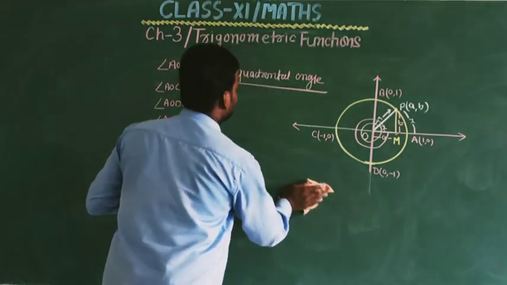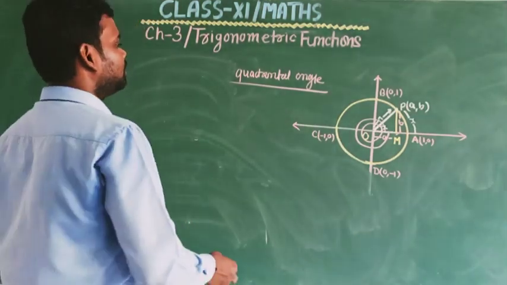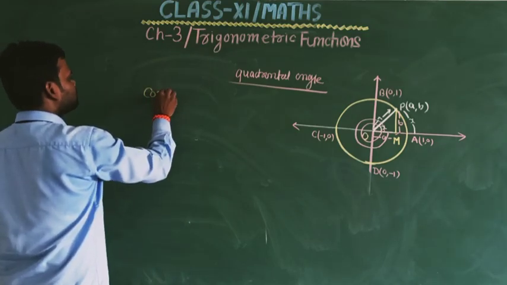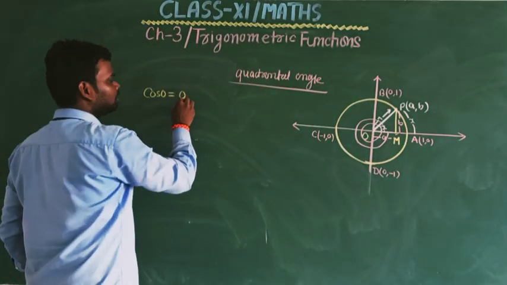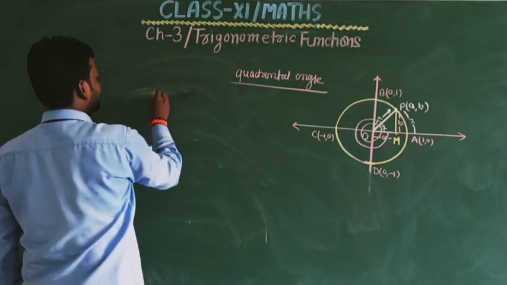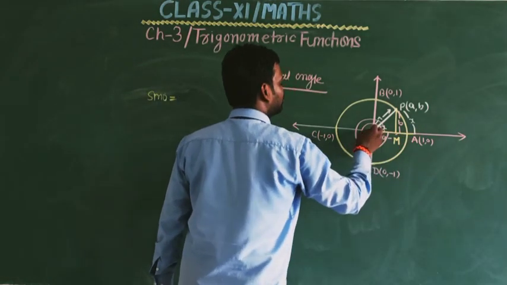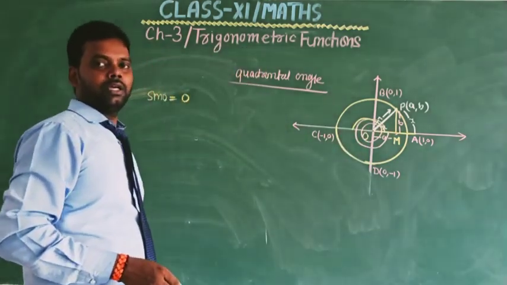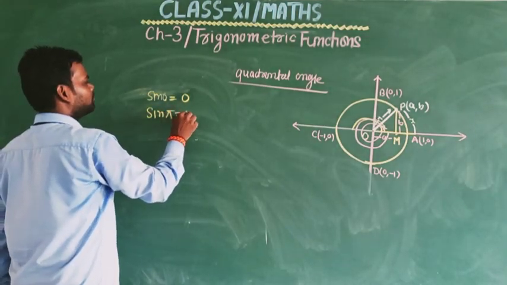And next, here we see that the value of cos 0 degree is 1, and the value of sine 0 degree is 0. And again after pi it will be 0, so sine pi equal to 0.